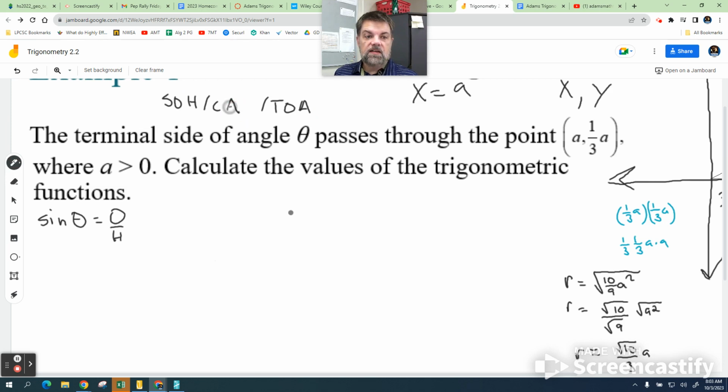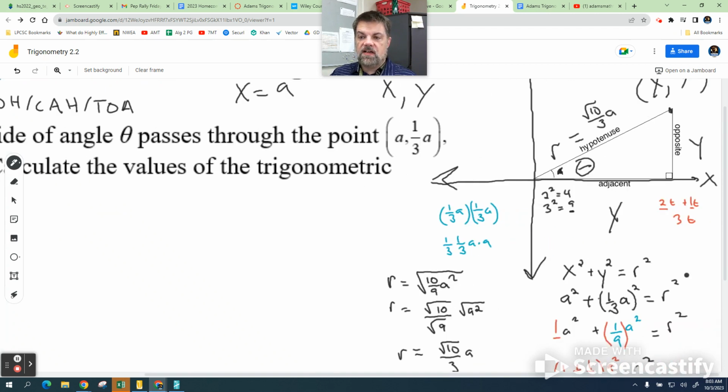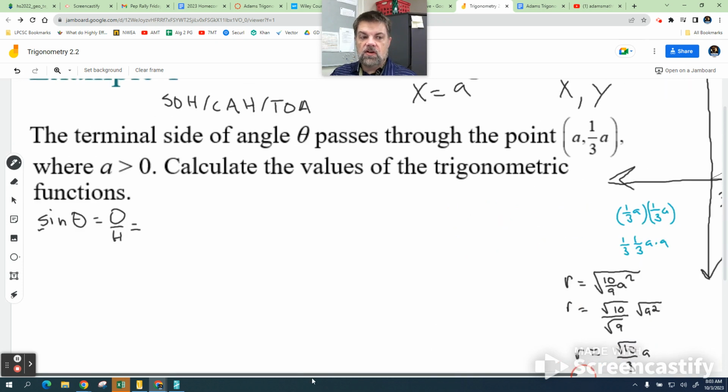Okay? So its sine is the opposite over the hypotenuse, but we said that the opposite, based on our image, is y, and the hypotenuse is r. So we're going to say, well, in terms of a point on the xy plane, that's the same as y over r.